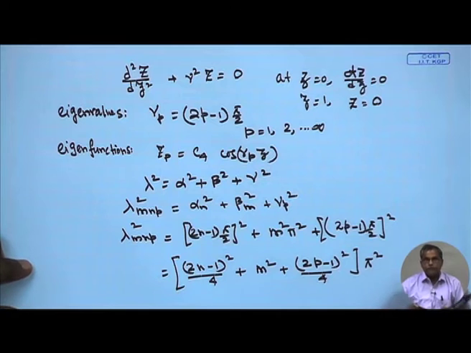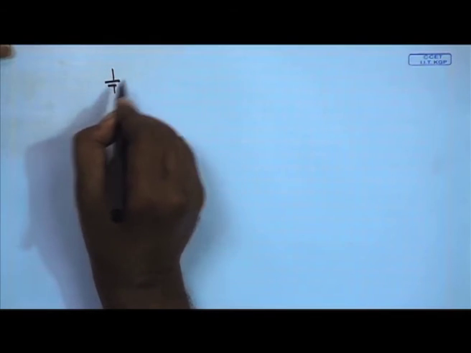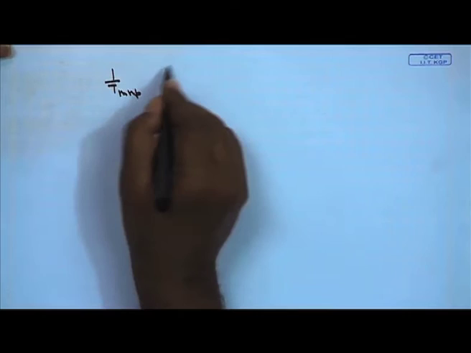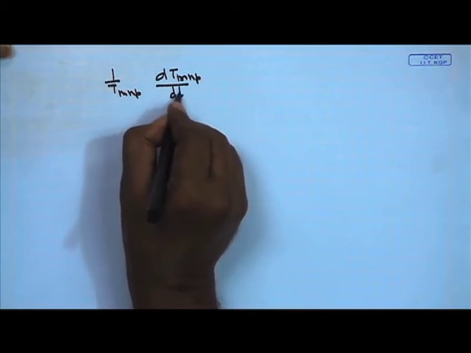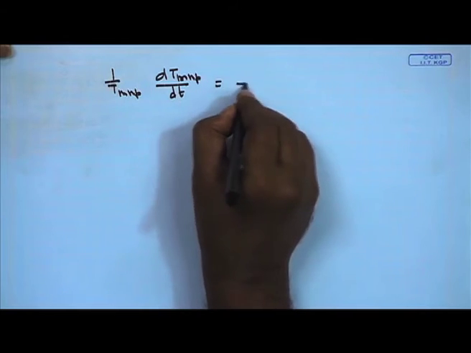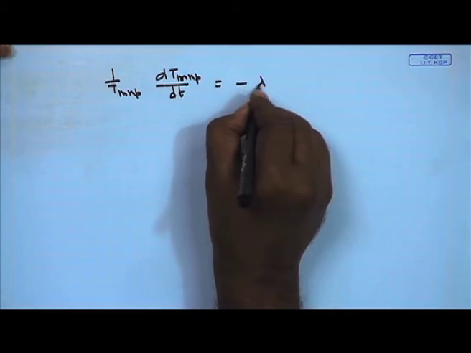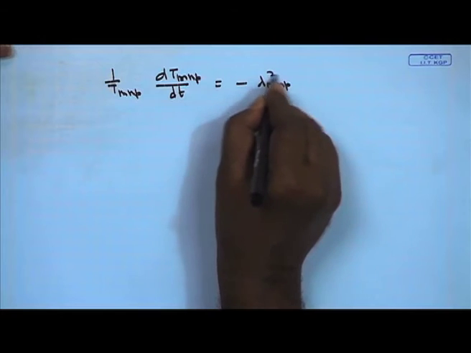This is the complete solution for lambda m n p, and once we get this lambda m n p into the time varying part, we get the solution of the time varying part: 1 over T m n p dT m n p by dt is equal to minus lambda m n p square.